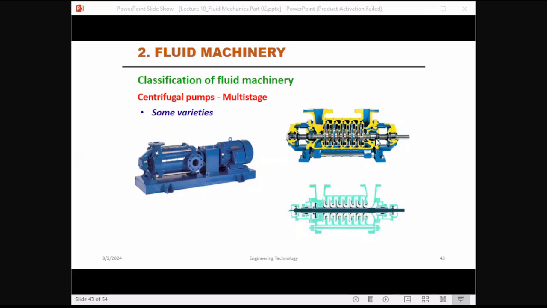Then fluid moves through each stage of the pump. Its pressure increases gradually. Each impeller adds energy to the fluid and progressively builds up the pressure.